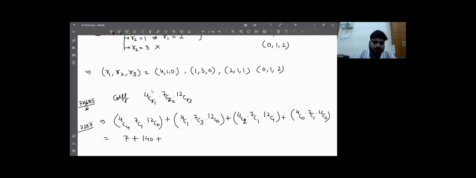Next 4C0 is 1. 7C1 is 7. 12C2 is 12 multiplied by 11 upon 2, so 66. 66 multiplied by 7, 462.